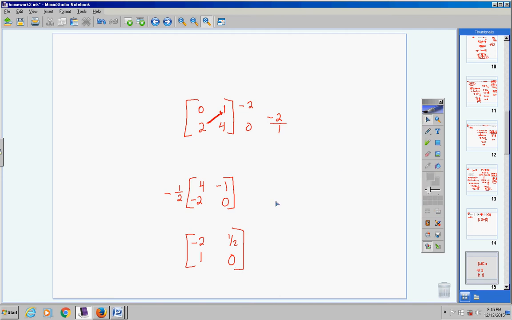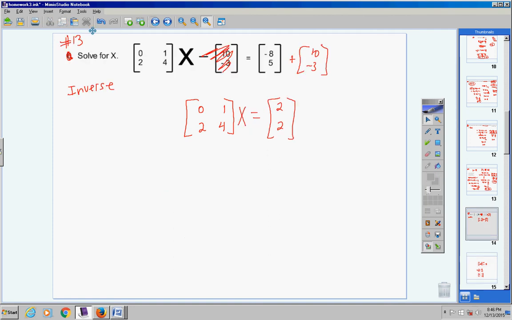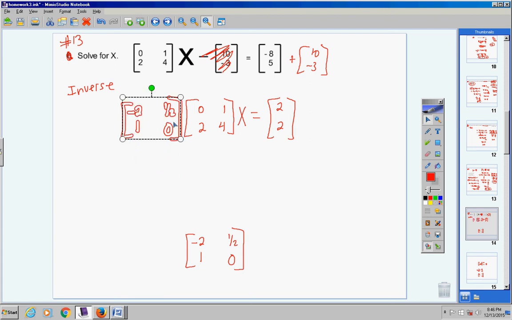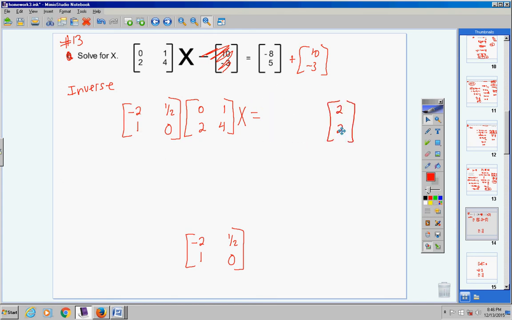So you take this inverse matrix right here, and here's what you do with it. You multiply it by both sides of the equation. But students, the inverse matrix must come first in your multiplication. It must, or you will miss the problem.